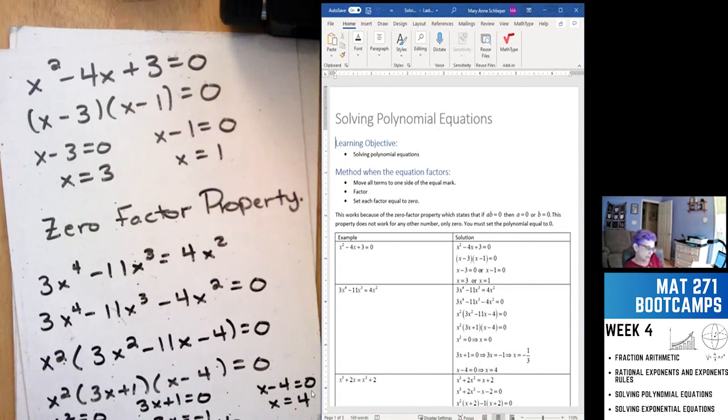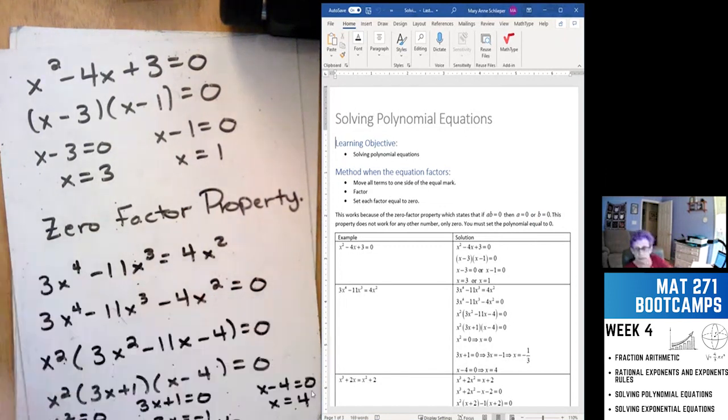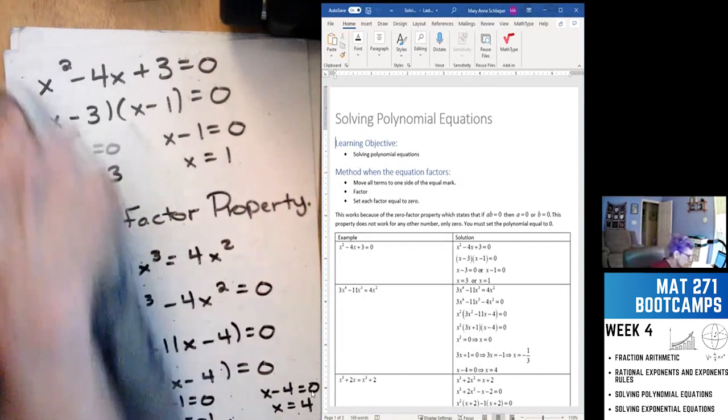The 0 just happens to have what's called multiplicity 2, so it solved this equation twice. X equals 0, x equals 0, then x equals -1/3, and x equals 4. You would never have 5 solutions to a 4th degree polynomial. You could have 4, 3, 2, 1, or none. Understood. Okay, thank you. You're welcome.